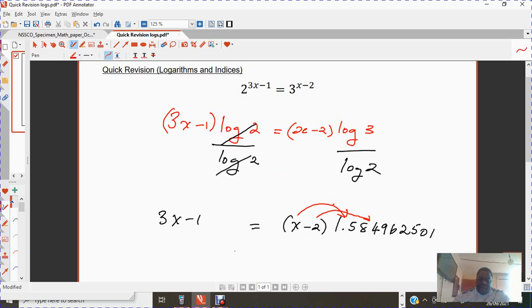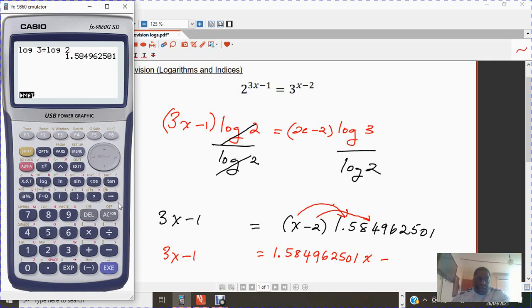The next thing you do is multiply this by what is inside the bracket. So on this side it is going to be 1.584962501x minus, and when you multiply 2 with that, you just have 3x minus 1.